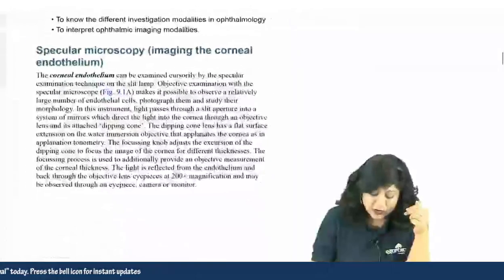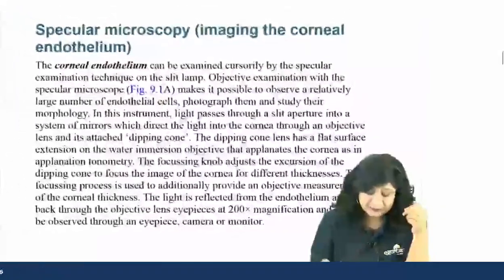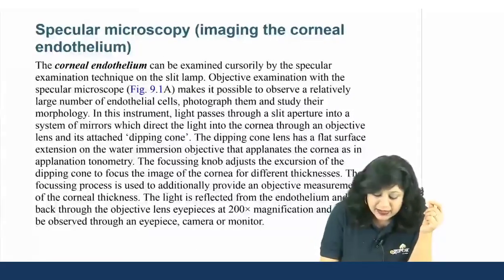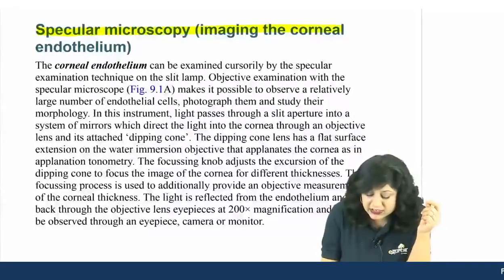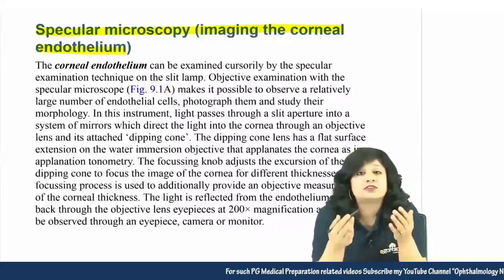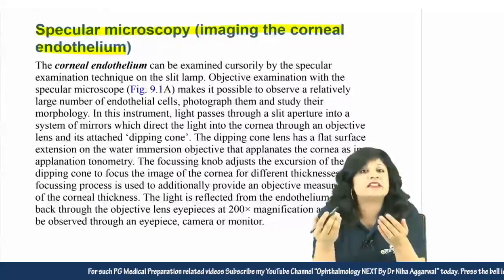The first one which they have given is the specular microscopy. So this specular microscopy, as you know, is all about the imaging of the corneal endothelium, and the corneal endothelium is the most vital layer of the cornea.